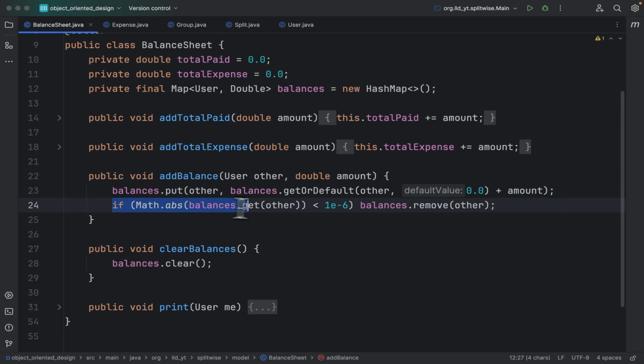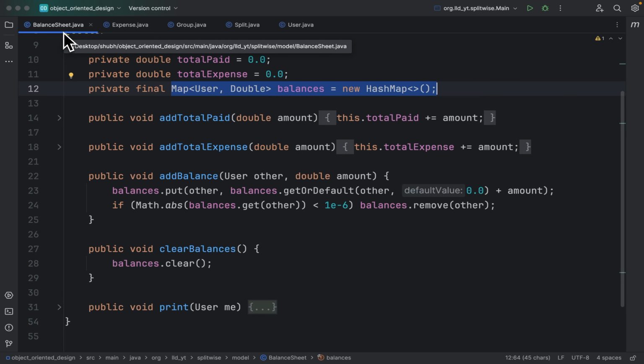And if it becomes 0, in that case, I would be removing that entry from the map, because then there is nothing between me and that user, because the amount has become 0, right? Similarly, I have this clear balances function which would clear this entire hash map. Okay, so I hope you understood this balance sheet.